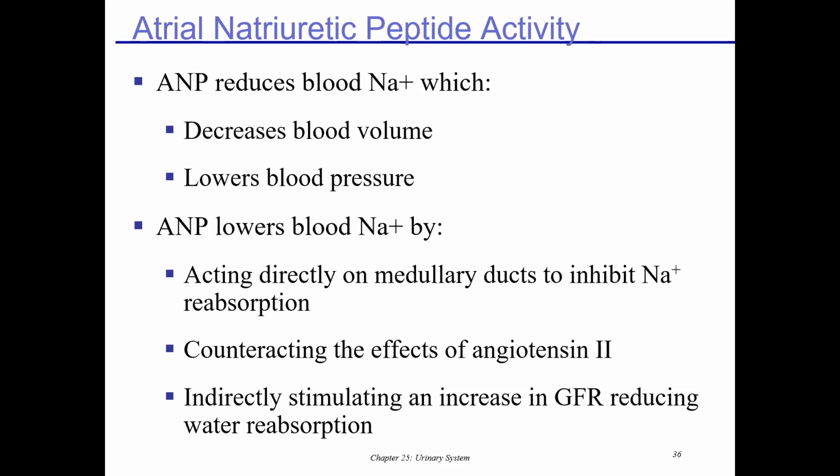It also counteracts aldosterone, because aldosterone works by sodium retention. When we retain sodium, we retain water. That raises our blood pressure. But here we're just raising our blood pressure because angiotensin II is a vasoconstrictor.